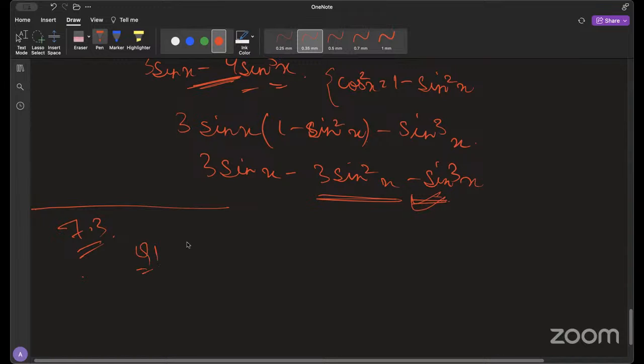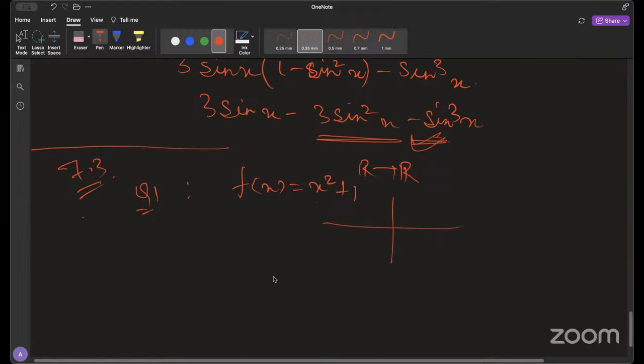Question 1. You've been given a function x square plus 1, which is from R to R, right? Which of the following options represent the graph of the function? So how do you, in the form of a set, represent a function?